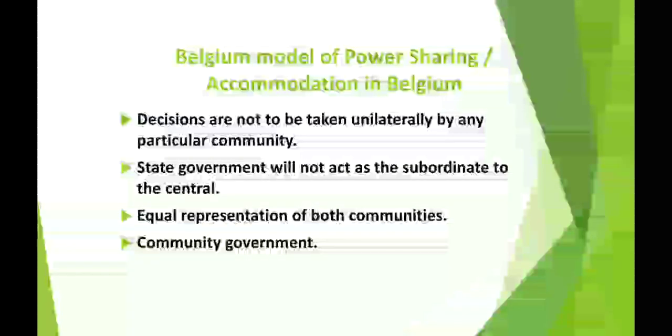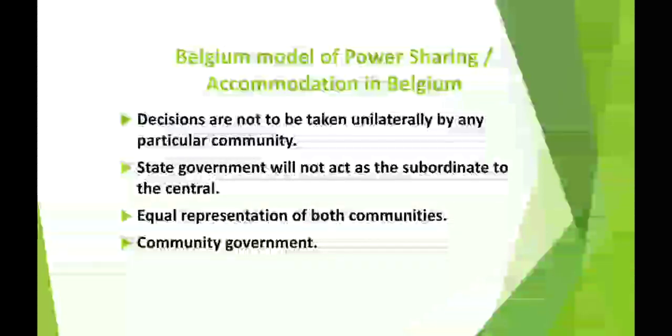According to the amended version of the Constitution of Belgium, there will be equal representation of both the communities, that is, the Dutch and the French speaking ministers in the central government, and no single community can take decisions unilaterally.